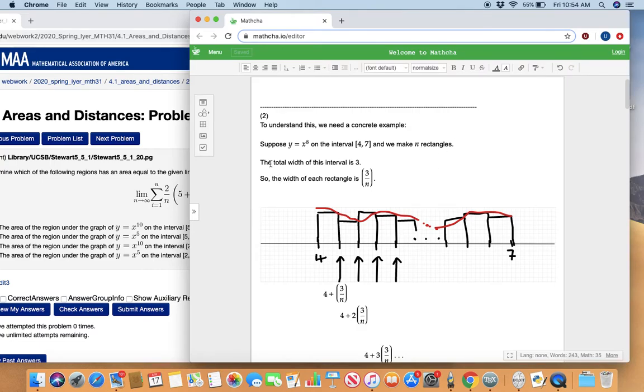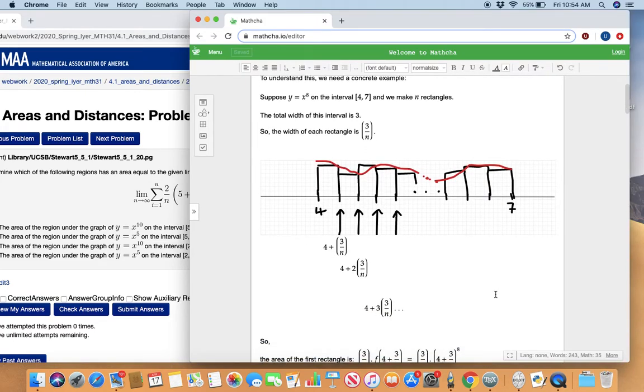The interval is 4 to 7, so the total width is 7 minus 4, which is 3. If I'm making n rectangles, I'm cutting the interval into n pieces. So the width of each piece will be 3 over n. Each width is 3 over n.